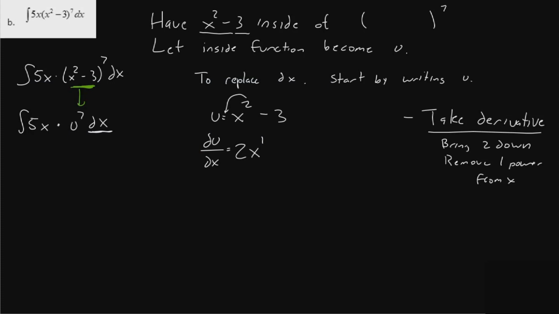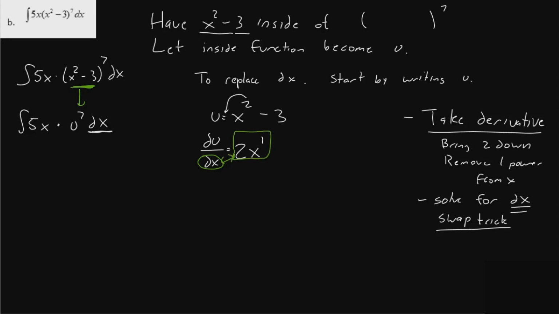So from here, we can solve for dx. So what we can do here is what I call the swap trick. Now, anyone who's worked with me for a while might have seen this. What we do is we switch this dx with this 2x to the first.